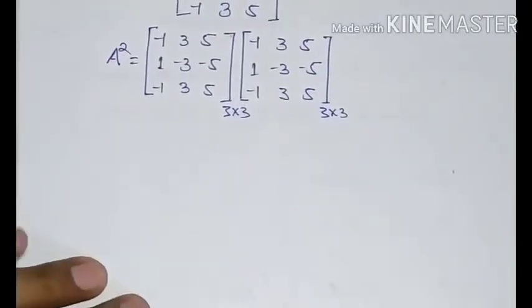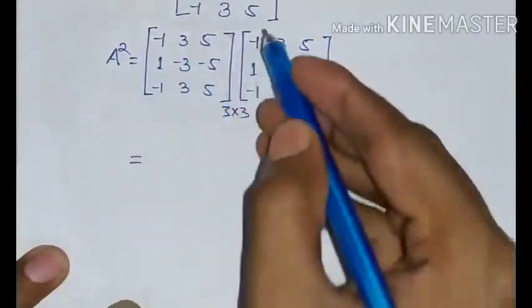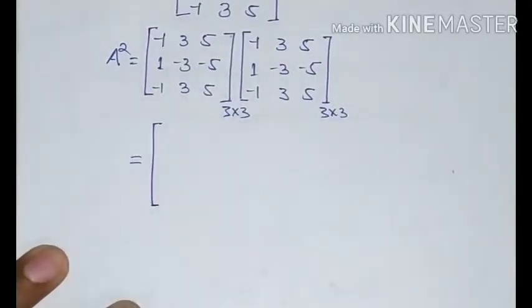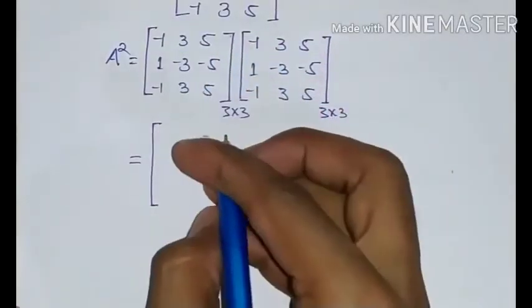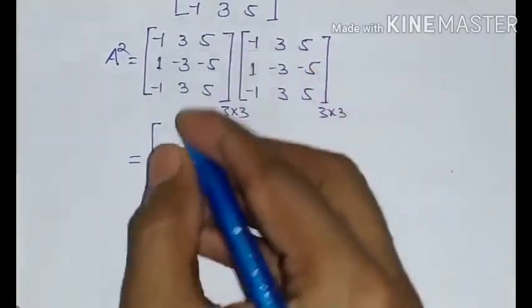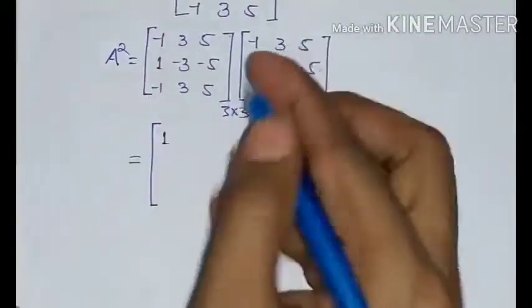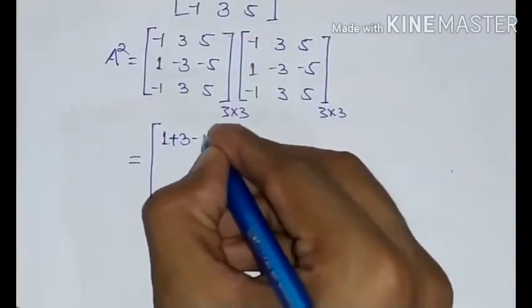As we know, the definition of multiplication of two matrices is, we multiply first row and first column first. The product matrix will be of order 3 by 3. First row and first column: 1 into 1 will be 1, 3 into 1 will be 3, and 5 into -1 will be -5.